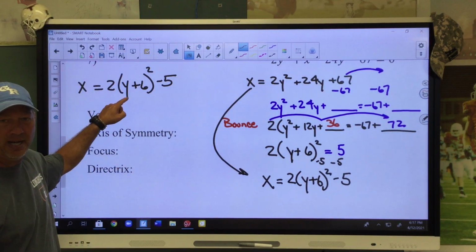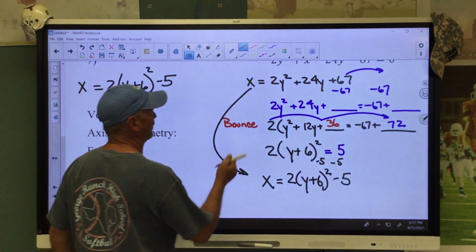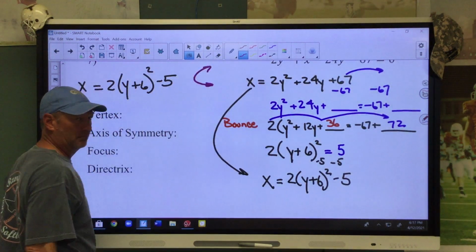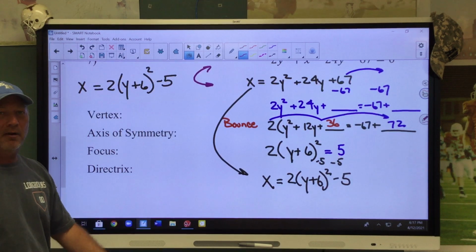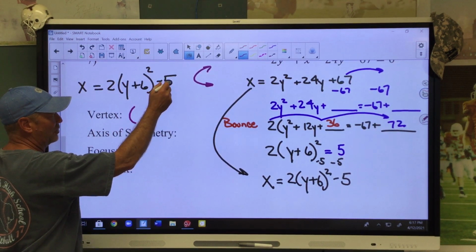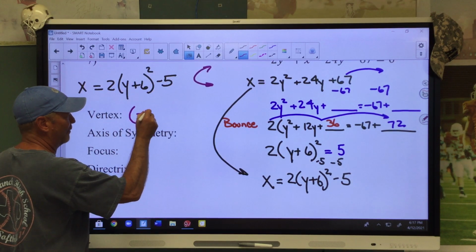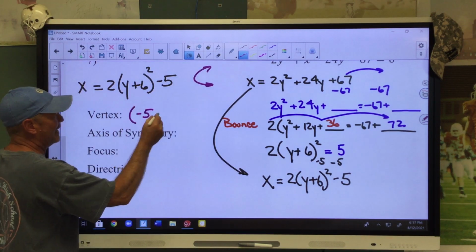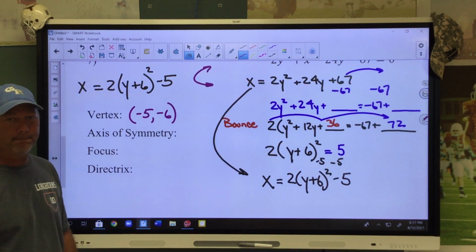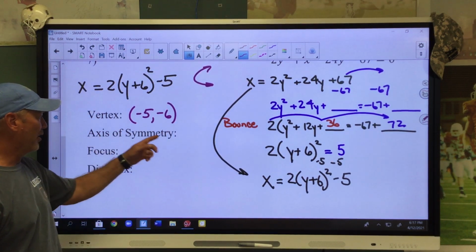But my 2 is positive, so I'm going to open up to the right side. Okay? But we're going to find my vertex. My vertex is going to be, in this case, here's my h, -5, comma, -6. There's my vertex.